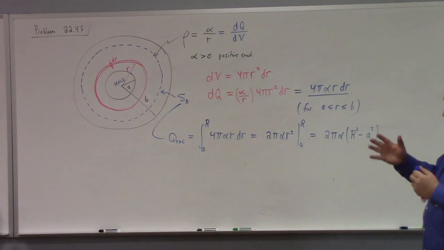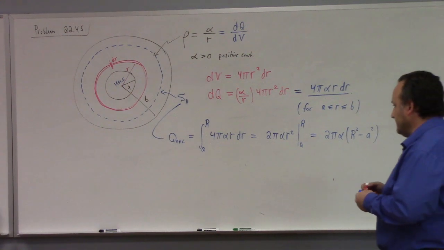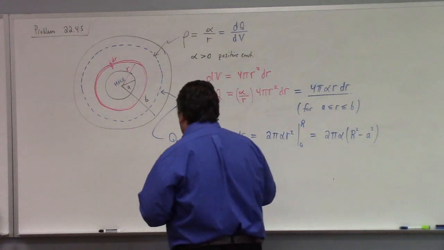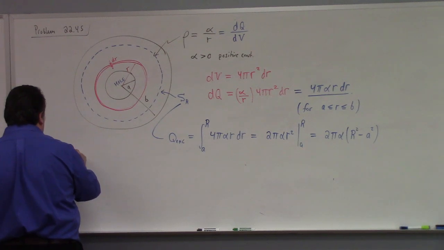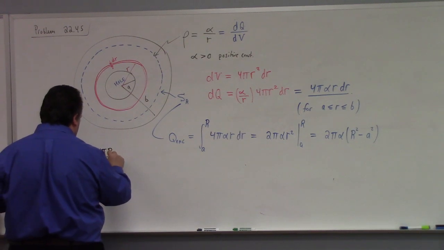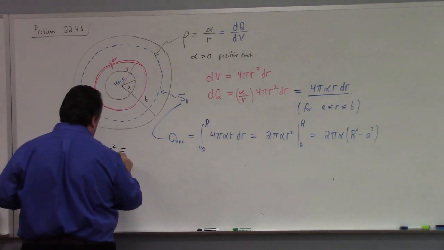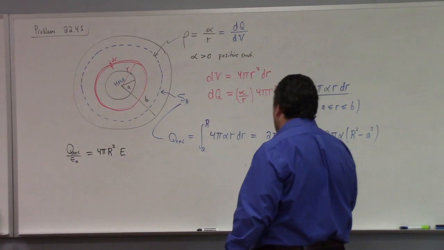And so we can still apply Gauss's law to that Gaussian sphere of radius big R, and that will give us Q enclosed divided by epsilon naught equals E times 4 pi. In this case, I'm using big R squared for the radius of the Gaussian sphere. And so what do we got?